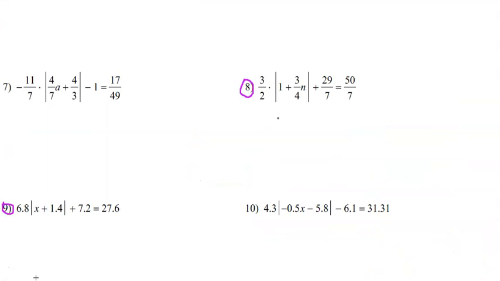Let's look at number 8. 3 halves times the absolute value of 1 plus 3/4 n plus 29/7 equals 50 over 7. So the first thing we'll do is isolate the absolute value. Let's subtract 29/7 from each side.